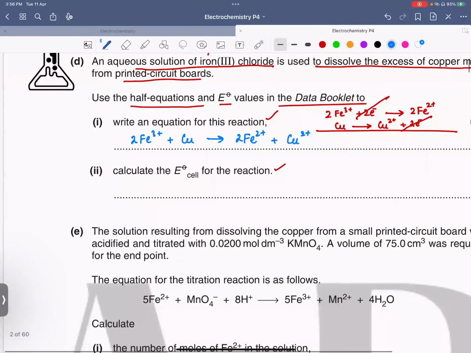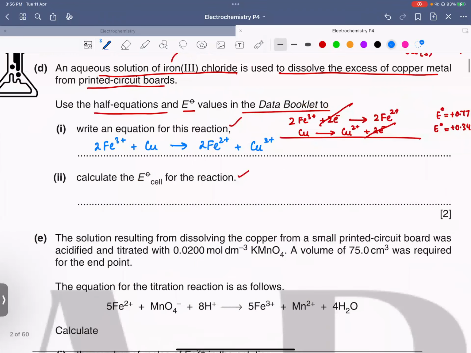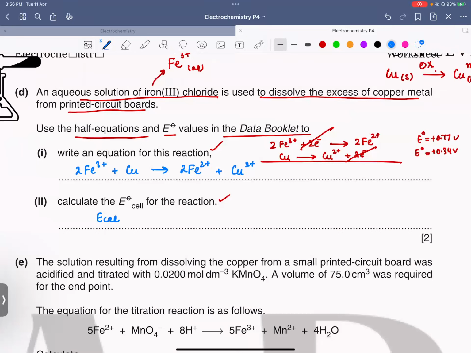Now E0 cell for the reaction, as we have decided that whenever we find the E0 cell, it is always reduction minus oxidation. So here reduction is taking place in the iron half cell, which is 0.77 volt, and then... Chanan, would you tell me the answer?